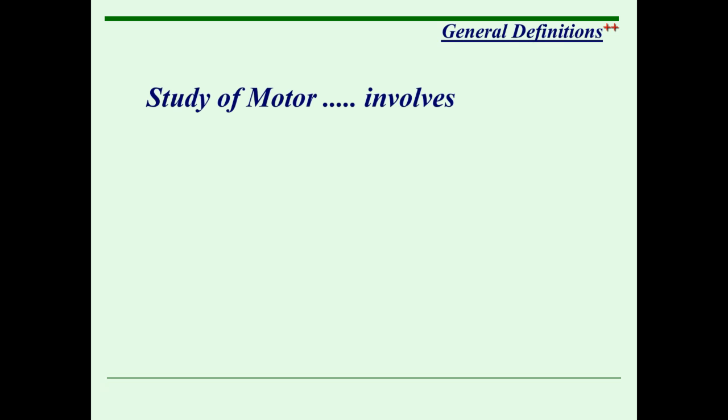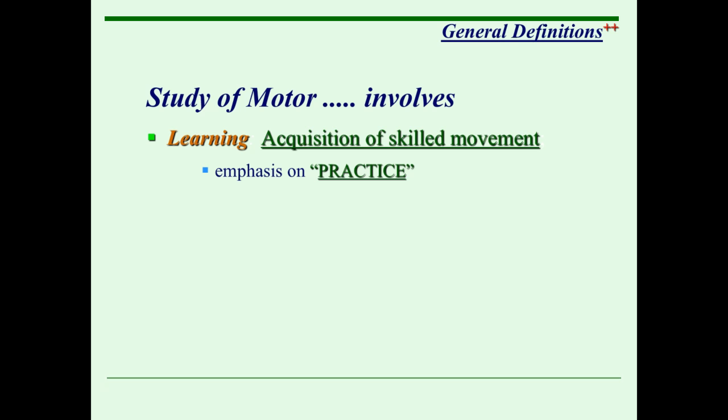Here are the strict set of definitions as provided in your text. On this slide, the operative words defining each field have been underlined and highlighted. For example, learning: practice is the big word. That's why it says acquisition of skill movement with emphasis on practice.